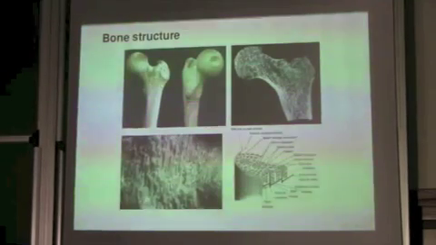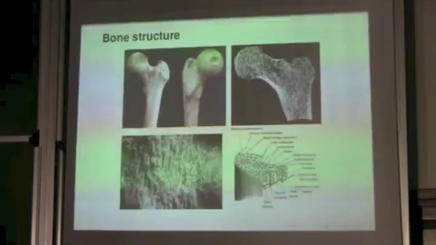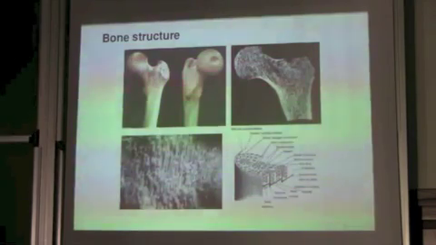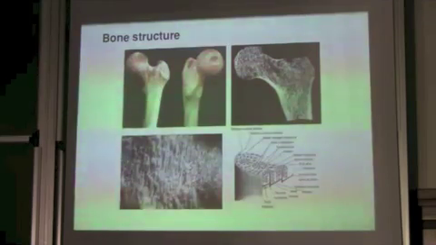First of all, we should say that bone has a very complex microstructure, and it doesn't matter if we use a magnification glass or optical microscope, or maybe electron microscope, or maybe even atomic force microscope. We always see a very complex picture.